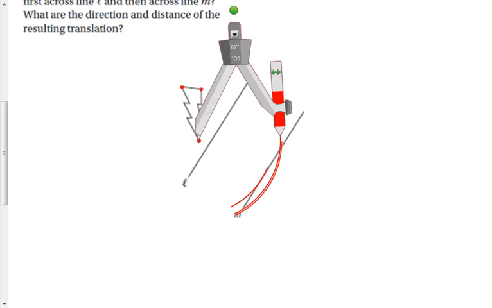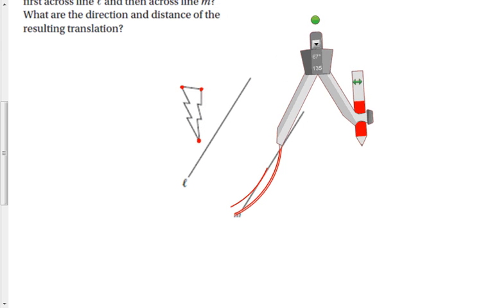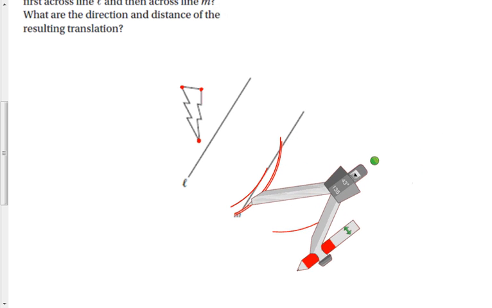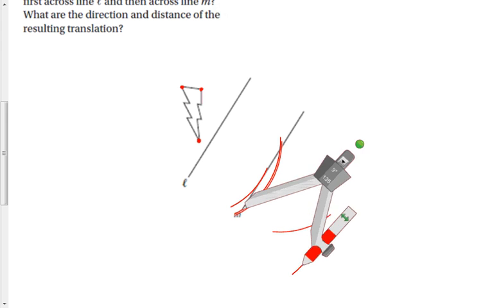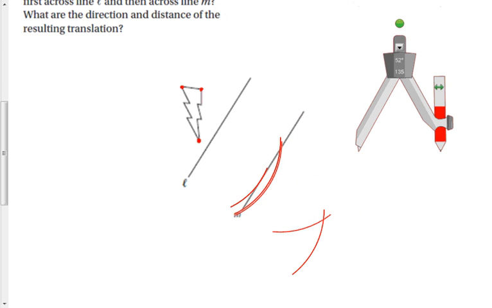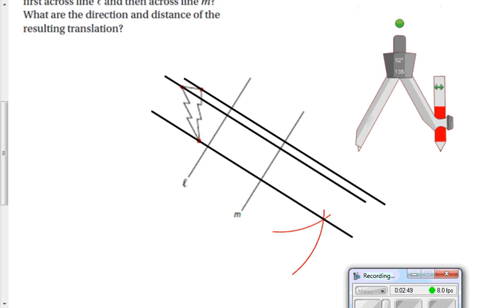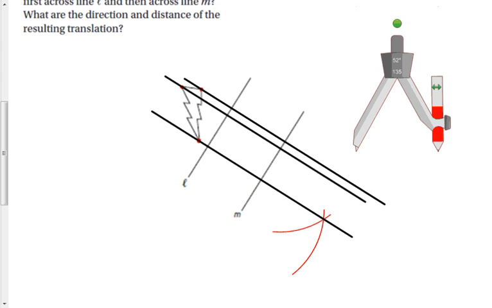All right, and then I'm going to use those two points right there, and one right there. And I'm going to draw in my perpendicular line. All right, so I have all my perpendicular lines in here.